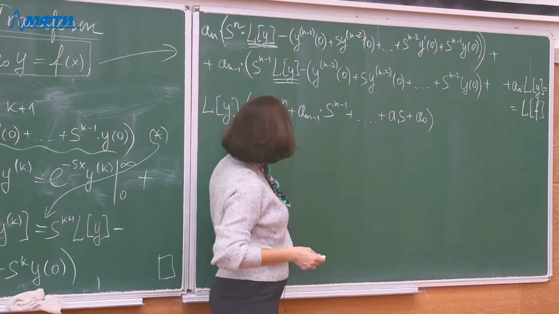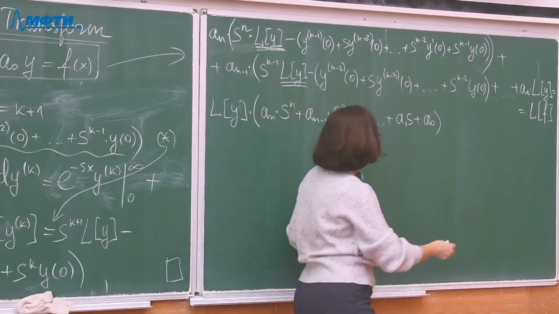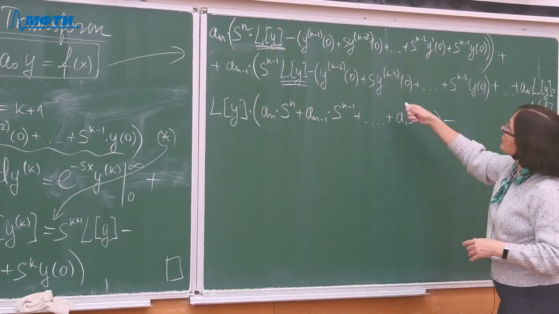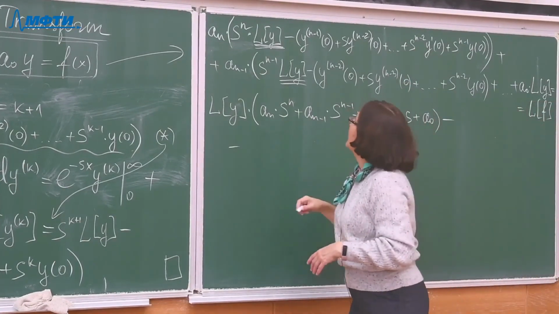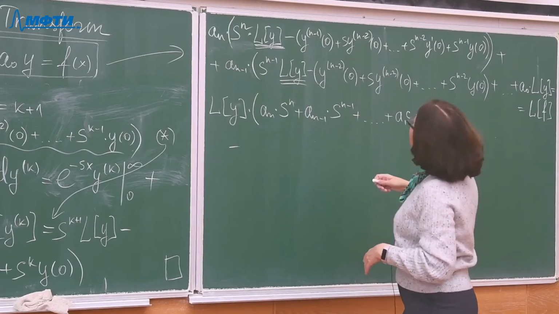L of y is multiplied by this polynomial minus, and then we should subtract something.